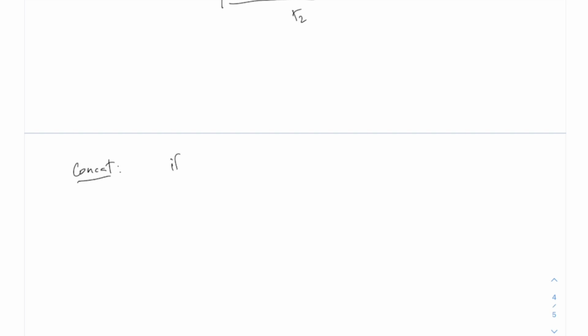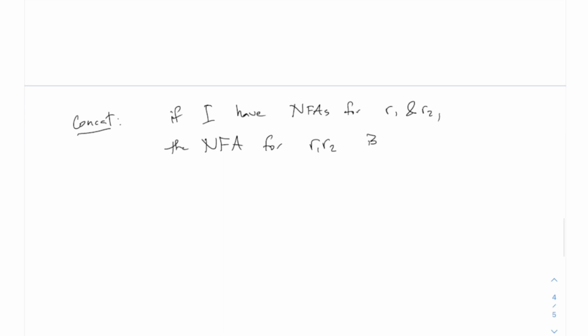So if I have already NFAs for R1 and R2, the NFA for R1 R2, that is the concatenation of the regular expressions, is your starting state. It goes epsilon into the machine for R1.